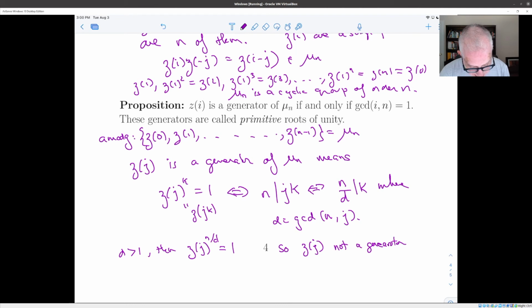It's because the cyclic subgroup generated by z of j is not everything. It's only part of the collection of roots of unity. But if d equals 1, then z of j is a generator.